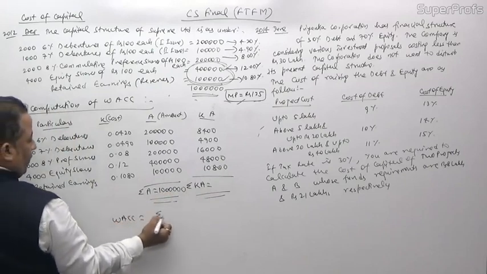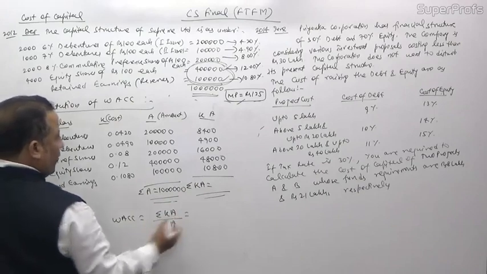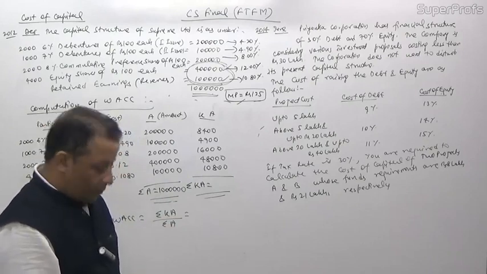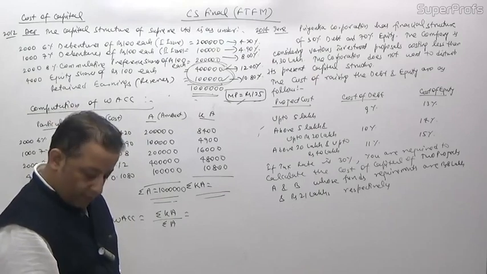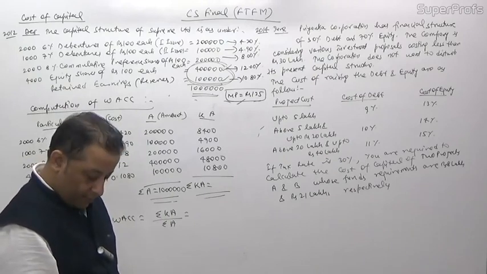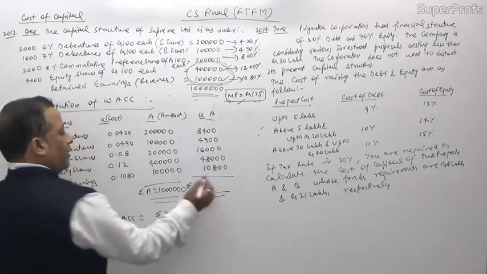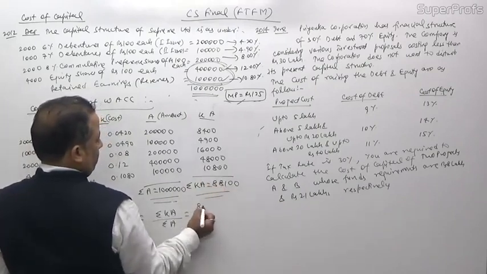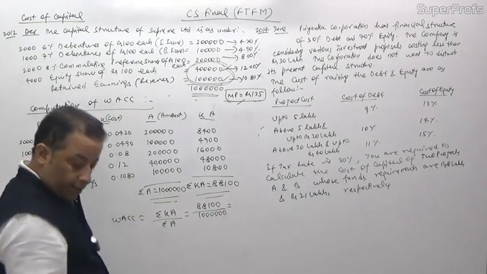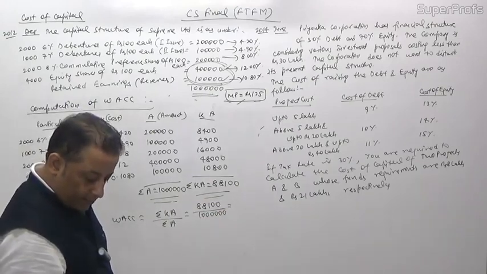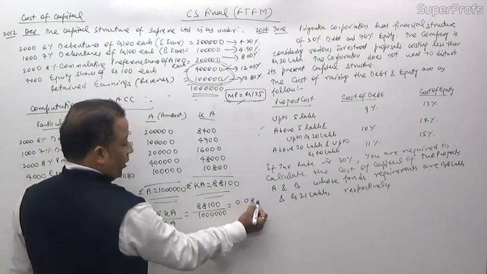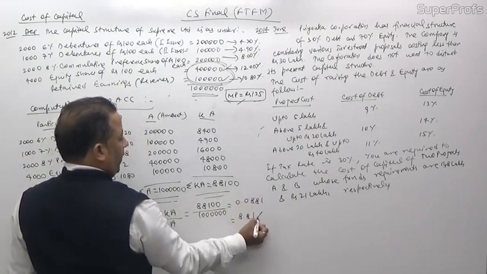The weighted average cost of capital is sigma KA divided by sigma A. 8400 rupees plus 4900 rupees plus 16,000 rupees plus 48,000 rupees plus 10,800 is 88,100. 88,100 divided by 10 lakh is 0.0881, 8.81%.